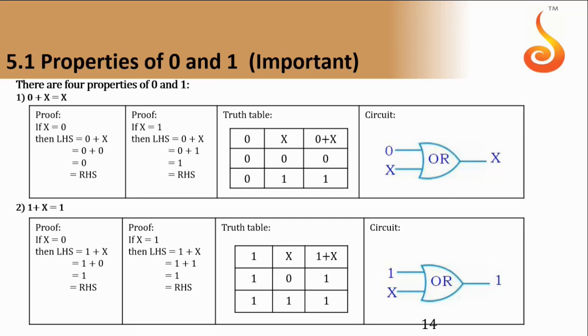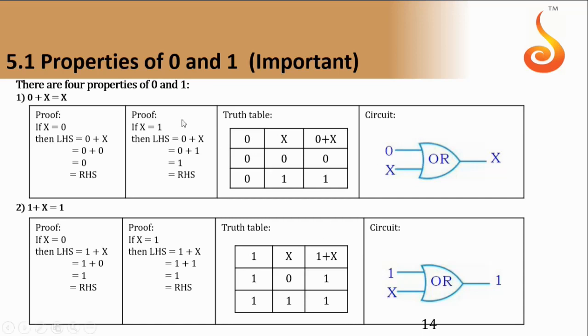So, 0 plus 1 is nothing but true, 1. So it is equal to RHS. What is RHS? x, and I have taken the value of x as 1. So 1 is equal to 1. Hence for both the values, LHS is equal to RHS when you substitute that value. So you say 0 plus x is nothing but x.